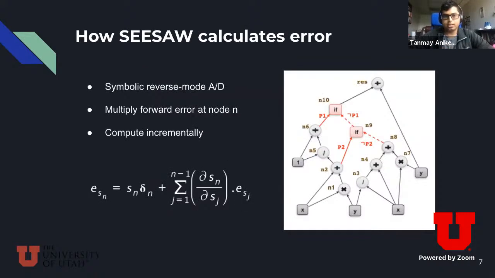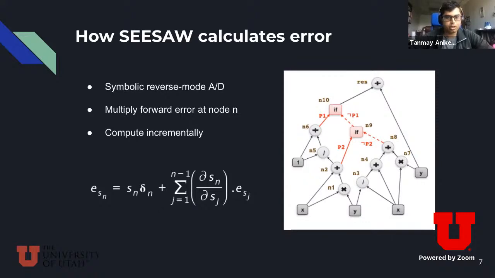Now, let's look at how Seesaw calculates error at the output node in this conditional computation graph here. This error formula can be used to summarize how the error is calculated at the output node. Sn is the expression at the output node, and E of Sn is the error at the output node.